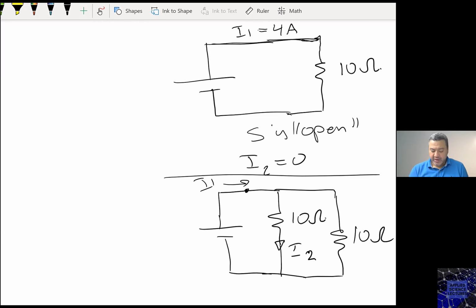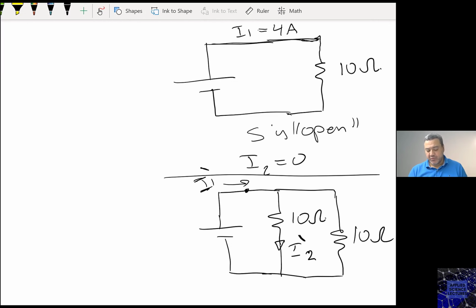Now remember, this circuit is completely different than that circuit. And I suggest that you put a prime right here, because those variables are now completely different. So the current will change in the circuit when I do any physical change.